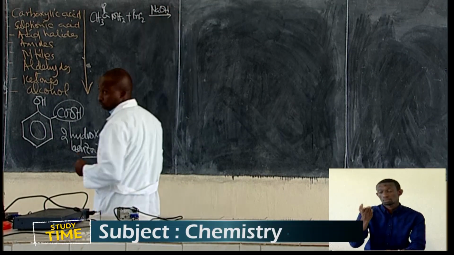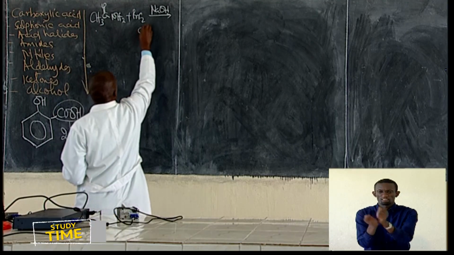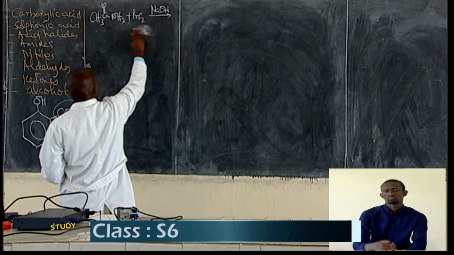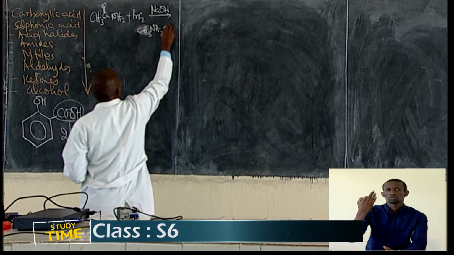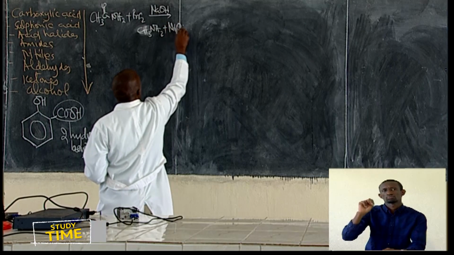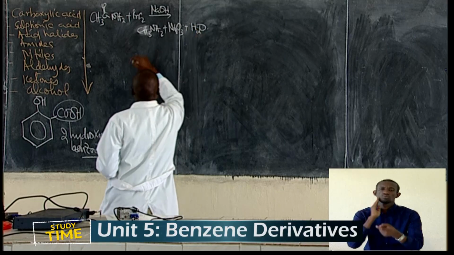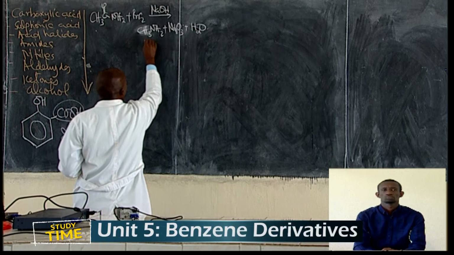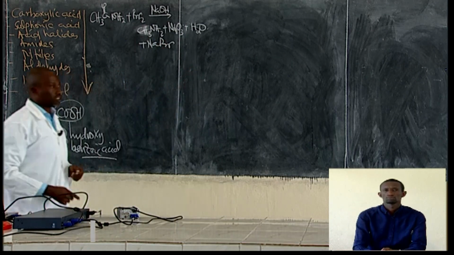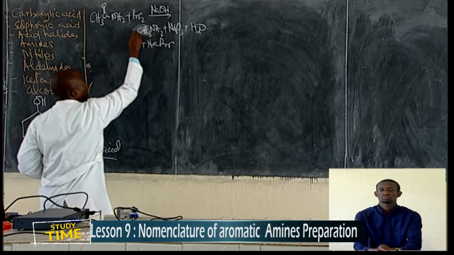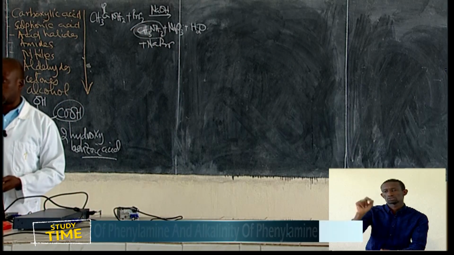So it will reduce this one to the amine, that is CH3NH2, plus the sodium carbonate, plus the water and the sodium bromide. These are other products that are formed. But remember, for us, we are interested in this. So this is the Hofmann degradation reaction.